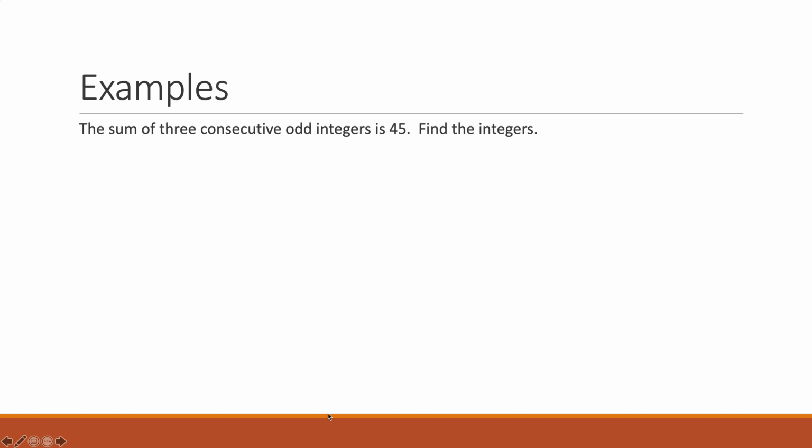Okay, so I assume you did stop and start to begin this. The first part that's important, sum of 3 consecutive odd integers, and then "is," and then 45. Find the integers. So it says 3 consecutive odd integers. So that means I'm going to use x, x plus 2, and x plus 4. And then it says the sum of those. Sum means to add them up.